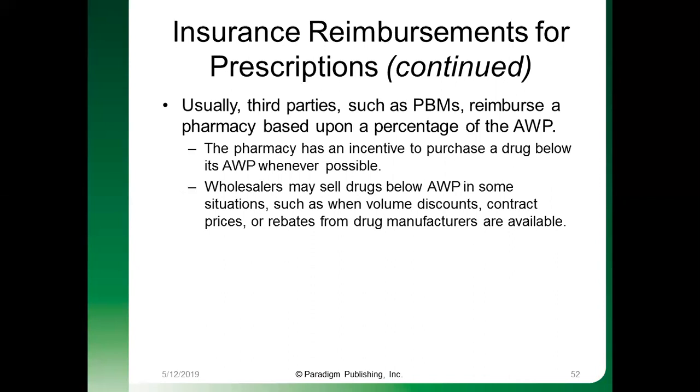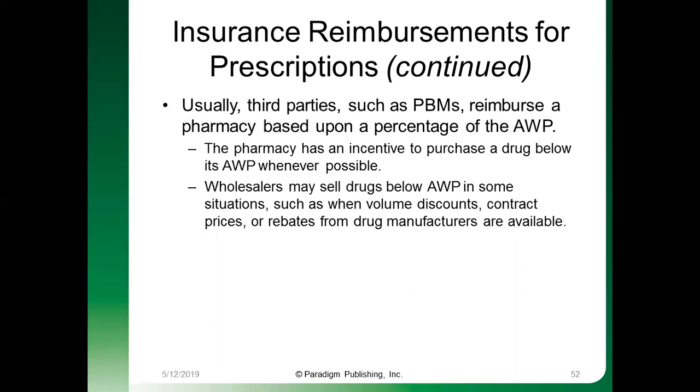So the pharmacy has an incentive to purchase a drug below its AWP whenever possible. Wholesalers may sell drugs below AWP in some situations, such as when volume discounts, contract prices, or rebates from drug manufacturers are available.